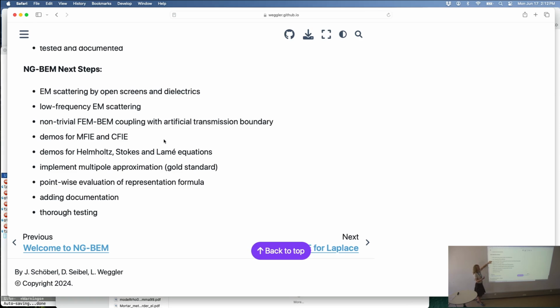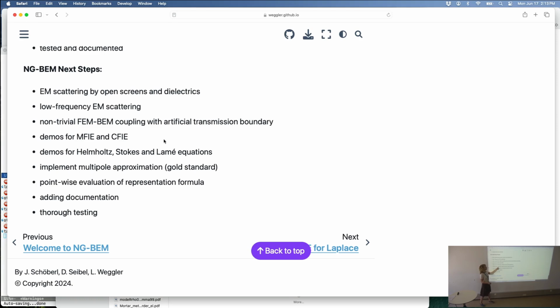We need more examples to present and to show that there is so much potential inside this plugin. So we can, of course, show more if we have more time. Demos for, this is again Maxwell's equations. Demos for Helmholtz-Stokes and elasticity, they are not yet there, so we want to have that too.